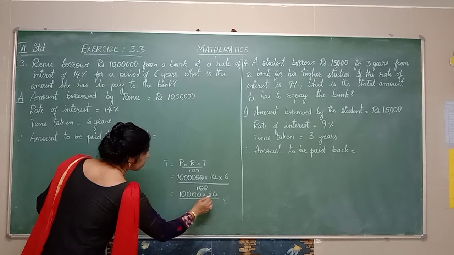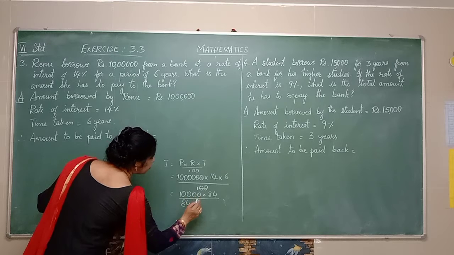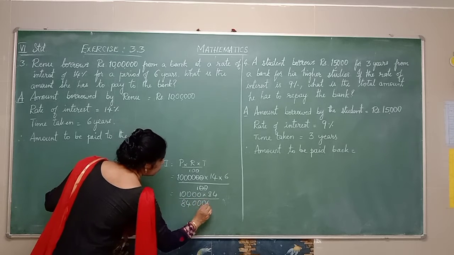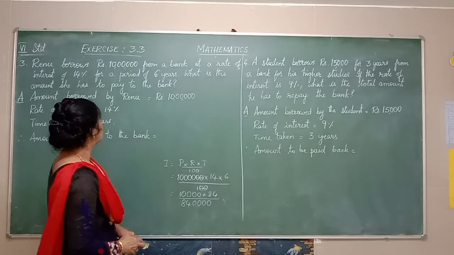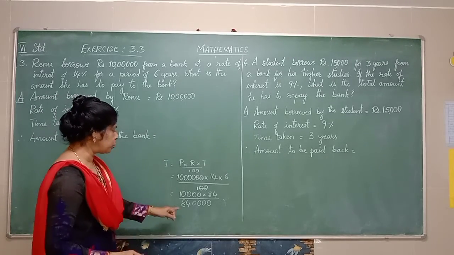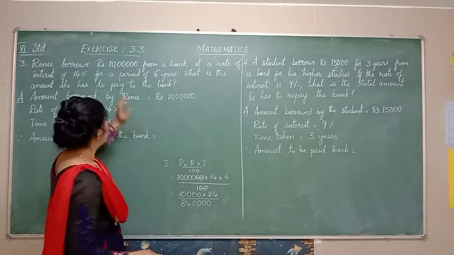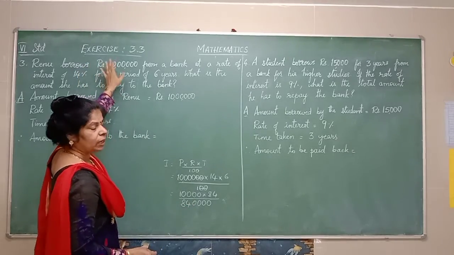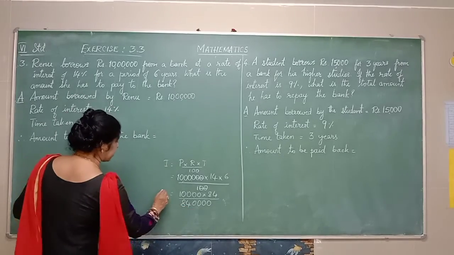How many zeros? 1, 2, 3, 4. So she has taken 10 lakh from the bank and she has to pay an interest of 8 lakh 40,000. So that will be the interest.